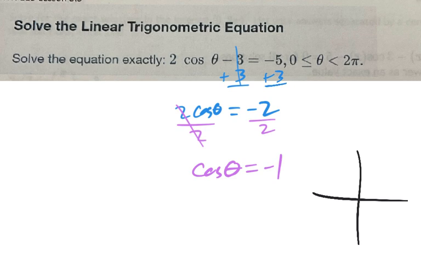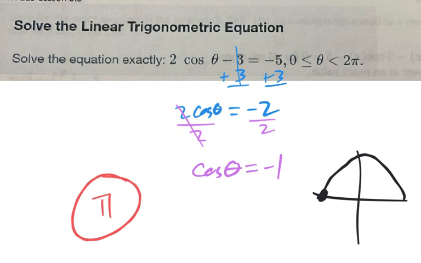So where do I rotate to get x is negative 1? I rotated 180 or pi, and that's the only answer. And again, if you put in your calculator the inverse cosine of negative 1, it would give you 3.14159265. Just pi.